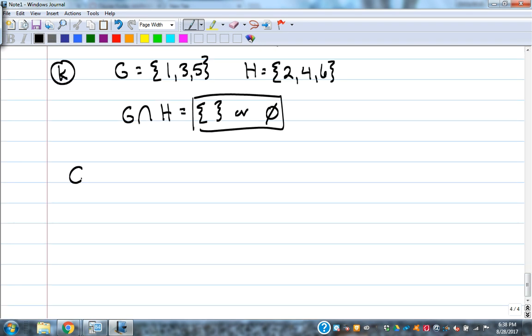All right, a little other definition here. The complement, not compliment like I like your shirt, but complement like math complement.